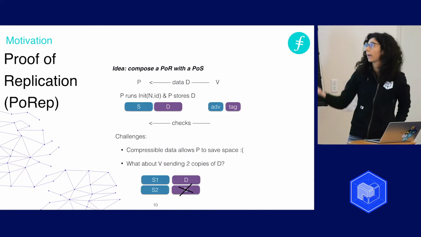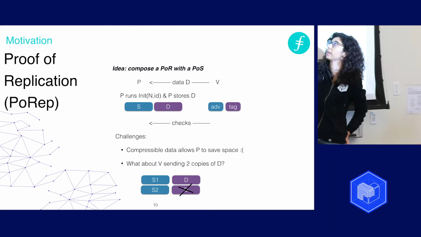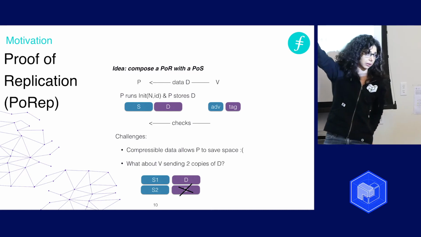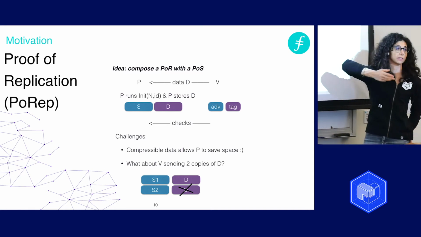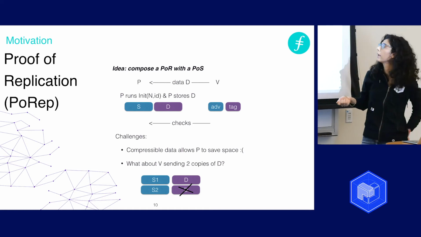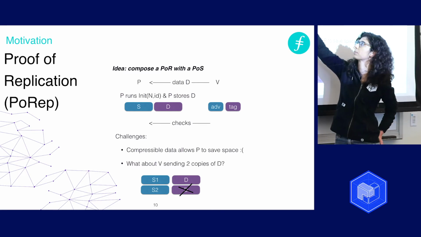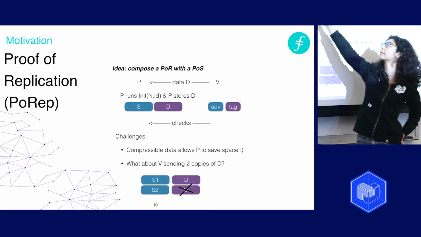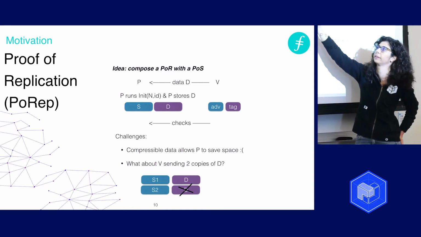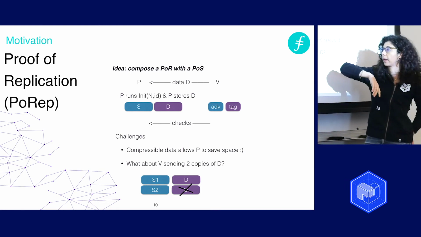This means that, okay, proof of retrievability is important, but we can't give up the proof of space. So you want to compose the notion from before, a proof of space, with the proof of retrievability. How can you compose them? Again, the first idea could be to just run both of them. The verifier sends the data, the prover runs the initialization phase of a proof of space, and has the data. Then I check the data in a natural way, and I run the execution phase of my proof of space.